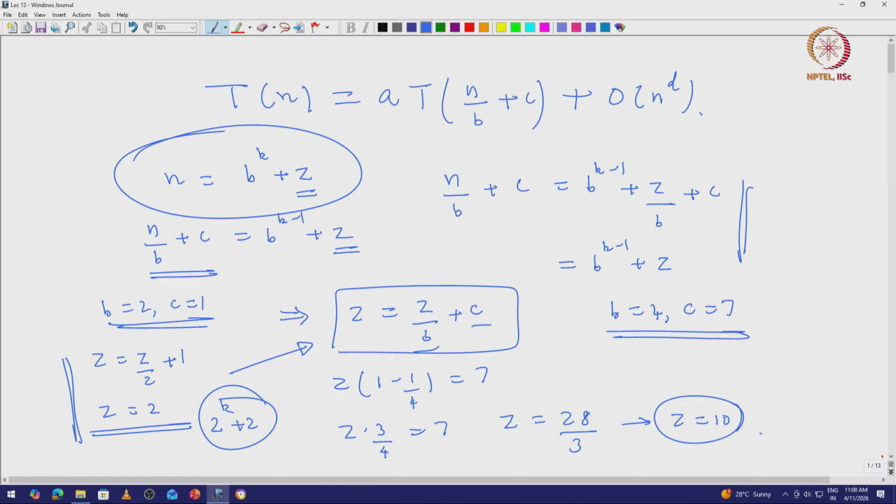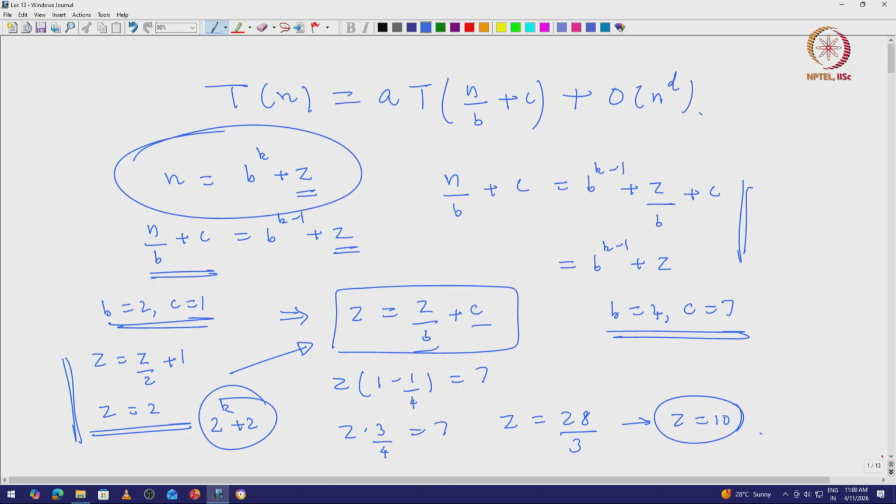So, in general, if you have T of n as A times T of n by B plus C, choose z satisfying this condition, then work with an infinite series of powers shifted by the z value, and it will work. You will be able to derive, much like you are deriving the master theorem, and simplify everything in a more convenient fashion.